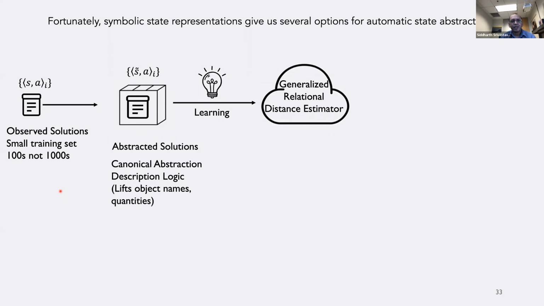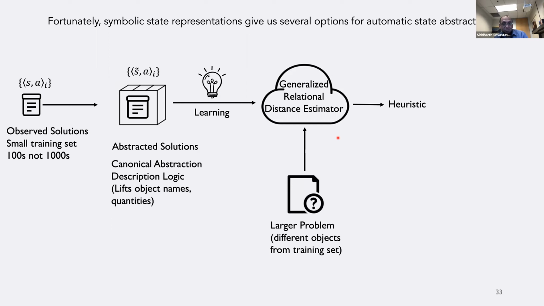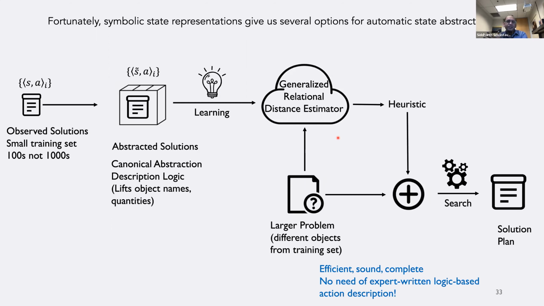In this case, you get a small set of observed solutions, in the hundreds, not thousands, and then use one of the logic-based abstraction techniques to generalize that training data. Then you learn a distance estimator between these symbolic states and use that as a heuristic generator, so that when you get a new large problem, you just use that heuristic and use search to solve it. It turns out this method also works very well.